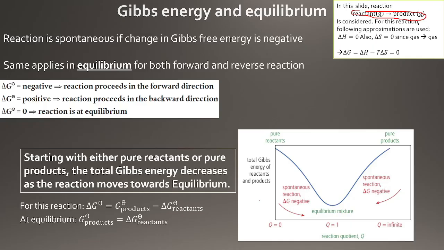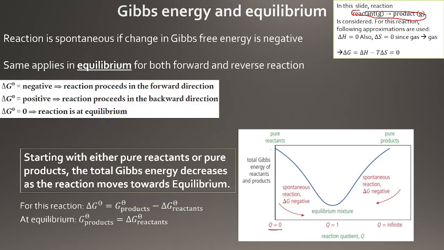So now in this graph, we have again the reaction quotient on the x-axis, but now on the y-axis we have the total Gibbs energy of the reactants and products. When we start the reaction, the amount of products is 0, so the Q is again 0. And at that time, the Gibbs energy is really high.